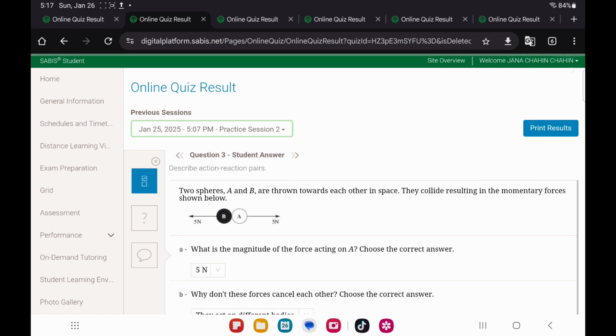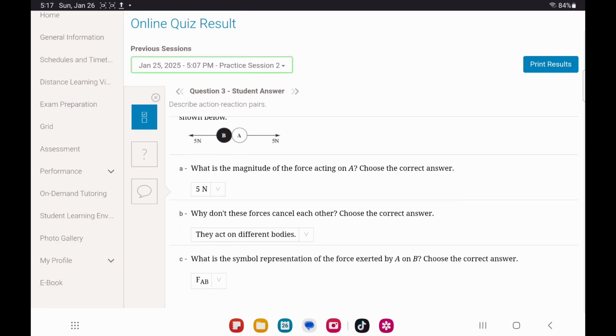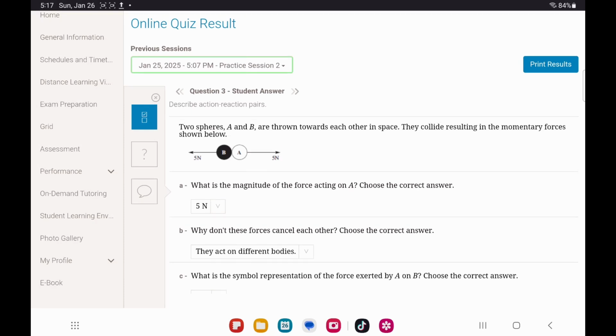Third question. Here, let's focus on the diagram for a moment. These are 2 objects, object B and object A. Let's remember that now. They're asking you in the first part, what's the magnitude of the force acting on A? So this one here it's 5 newtons.